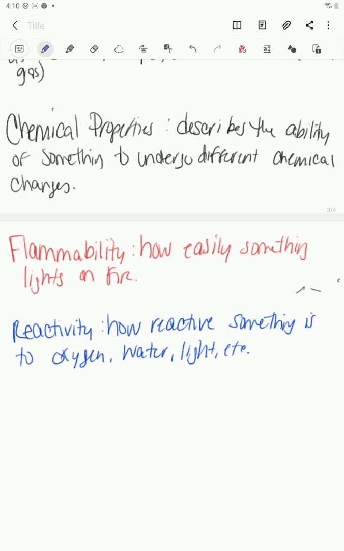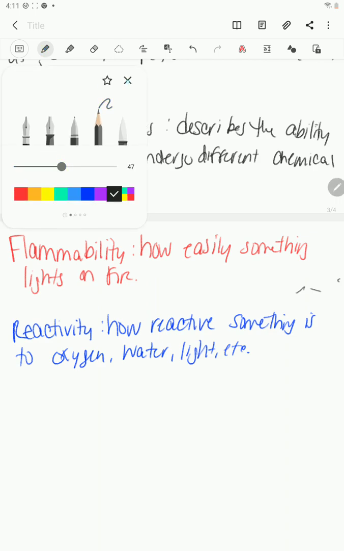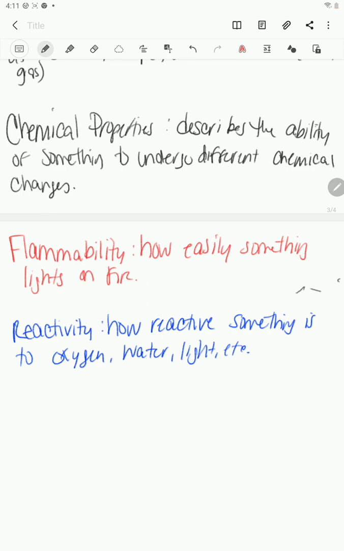It puts the fire out, right? Or if you take something that is neon or glow in the dark and you shine light on it and then you turn the lights off, it's going to exhibit a different chemical property because it's reactive, right? It's reacting to the light, it's going to charge, and then when you turn the lights out, it's going to glow. So when any of these chemical properties change, the matter goes through a chemical change.